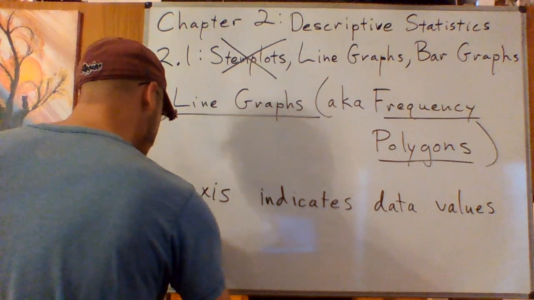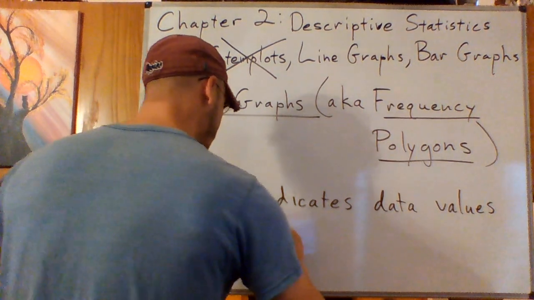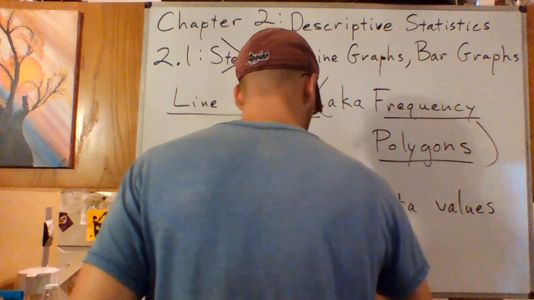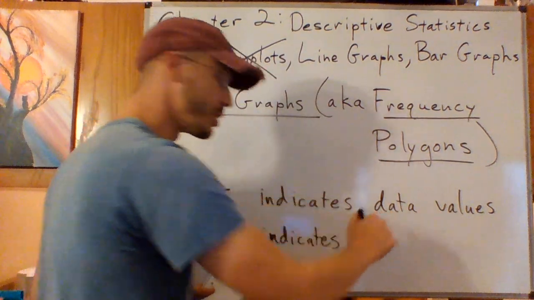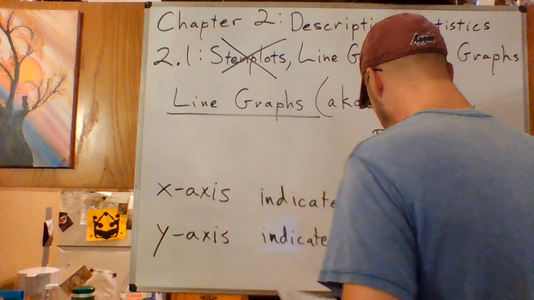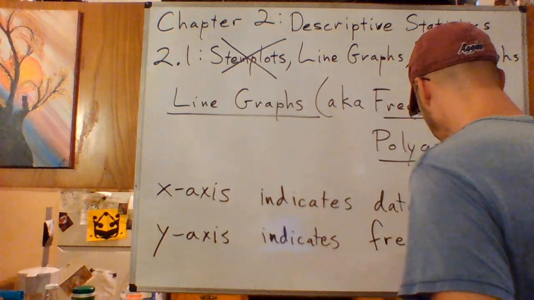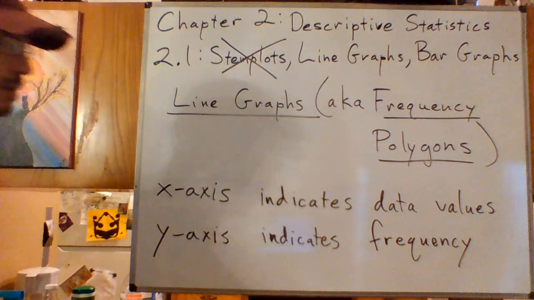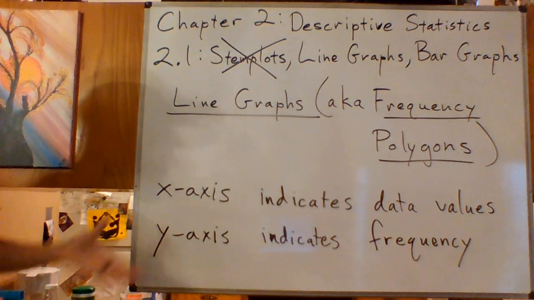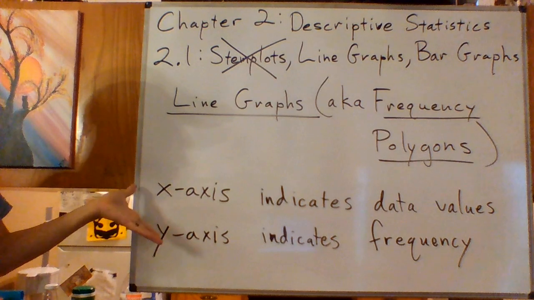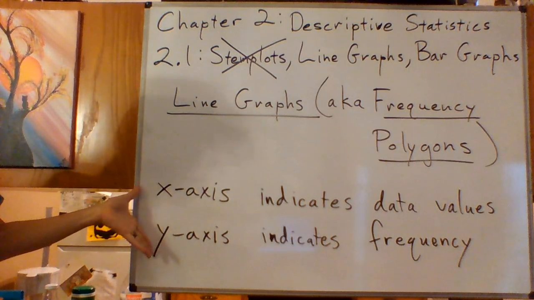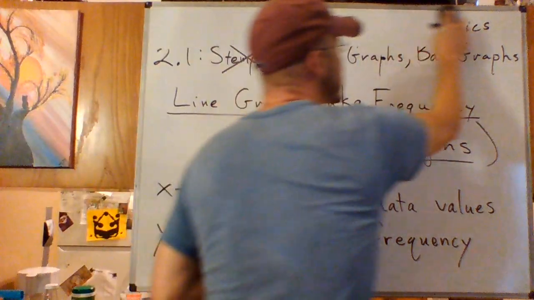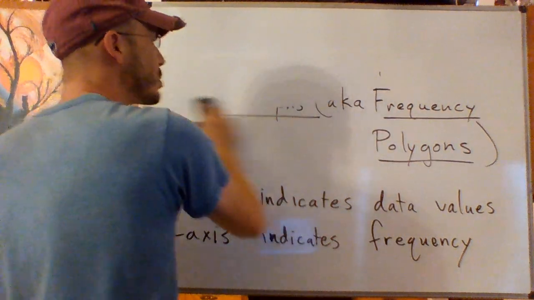And the y-axis indicates, for each one of those data values, the frequency. So that's the basics of it. X and Y, XY plane is what we're going to graph it in. Let's see an example of how this works from some actual data.